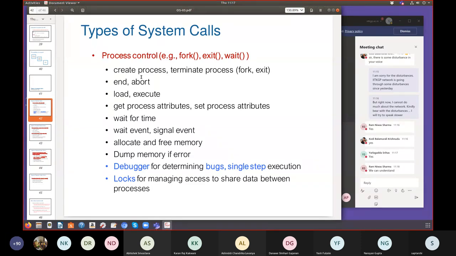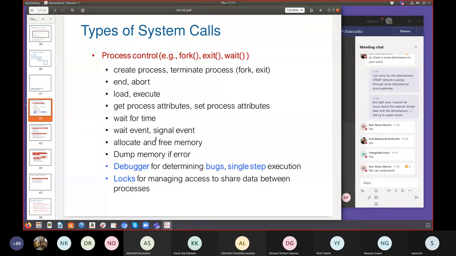Similarly, one process wants to terminate another process. One process wants to wait for time, or wait for some event.